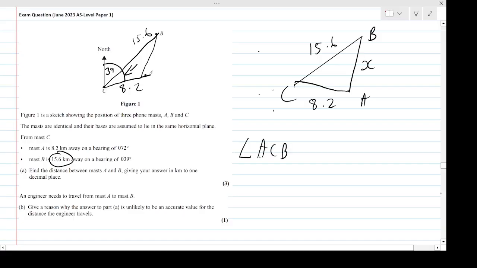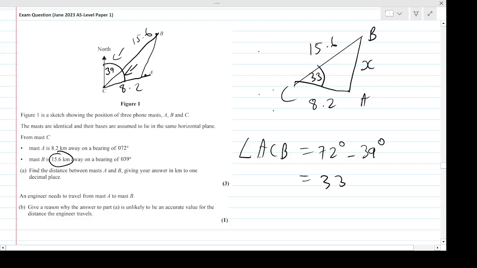That's going to be the overall bearing of 72, take away this angle 39, right? If I work that out, 33.